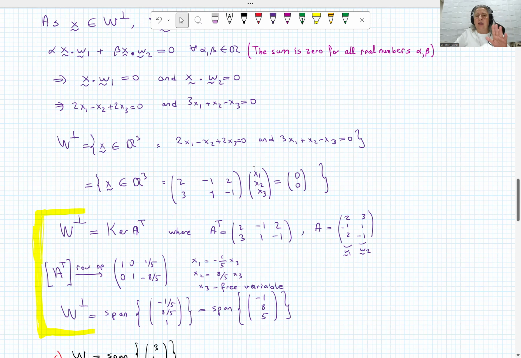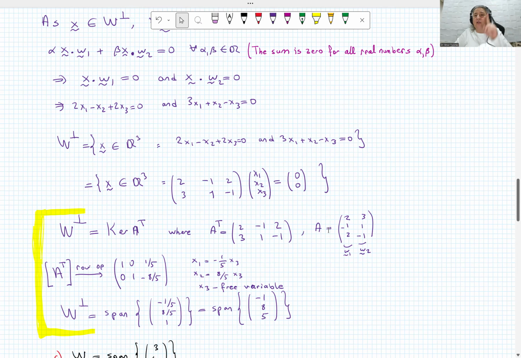That is A, that is x, that is b. Now b is the 0 vector, so it is convenient. It is a homogeneous system. This coefficient matrix is exactly the A transpose. We call A the matrix whose columns are w1 and w2.